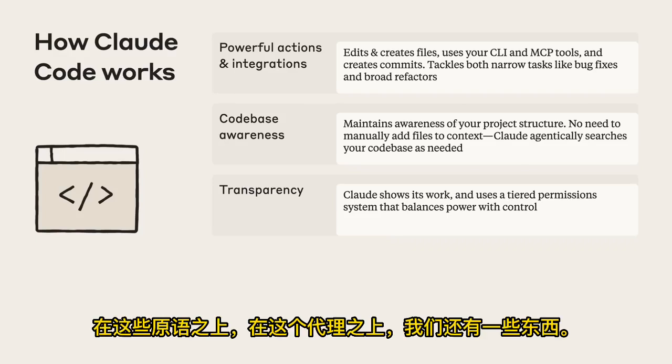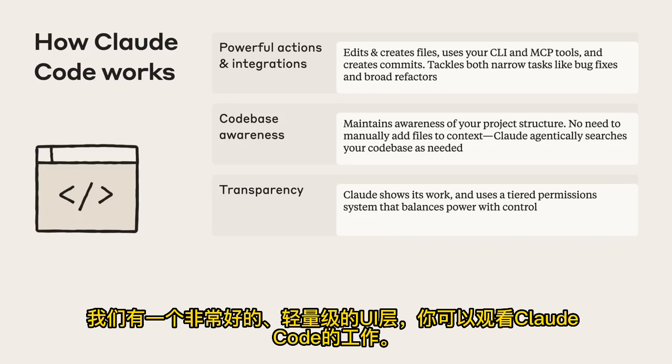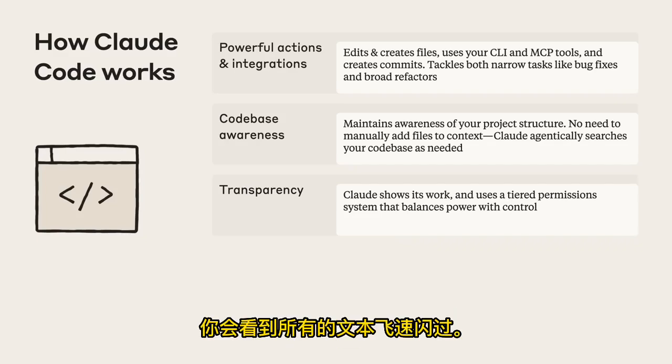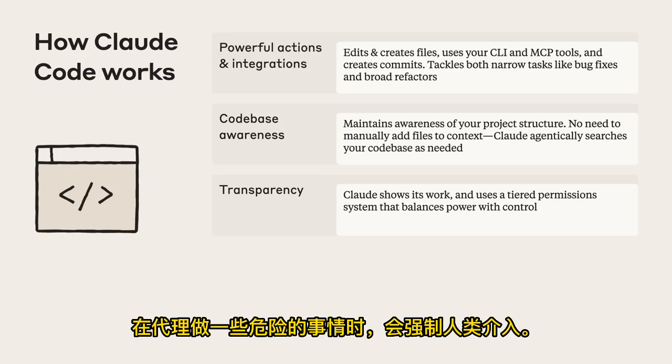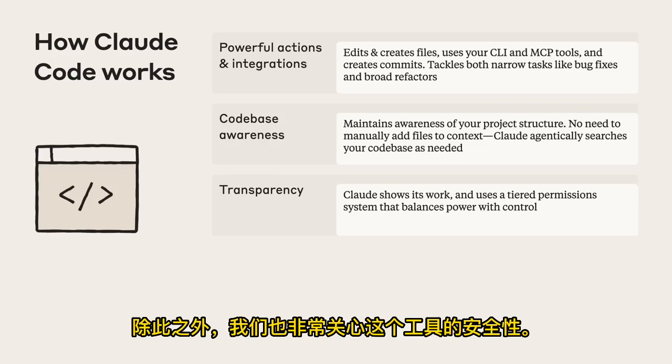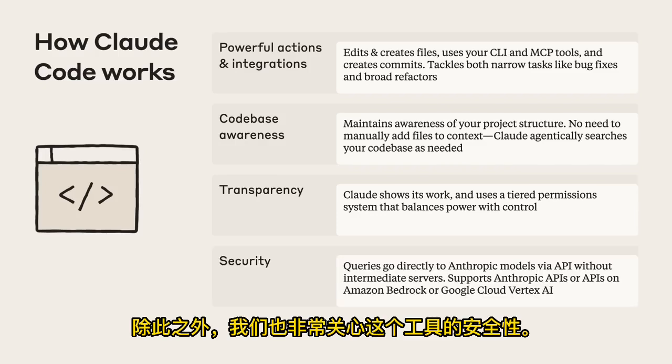And then on top of these primitives, on top of this agent, we have a few things. We have a very nice light UI layer where you get to watch Claude Code work. You see all the text fly by. And we have this nice permission system that allows the agent to work and kind of forces the human to butt in when the agent is doing something dangerous. And then on top of that, we also care a lot about security in this tool.